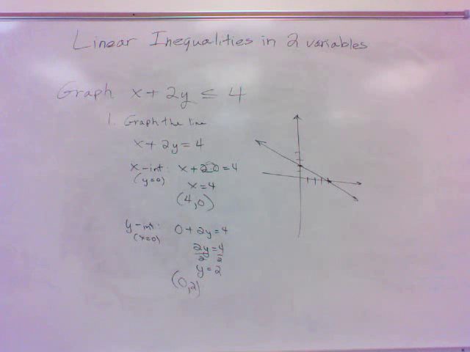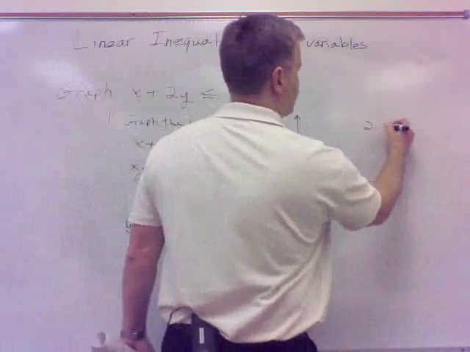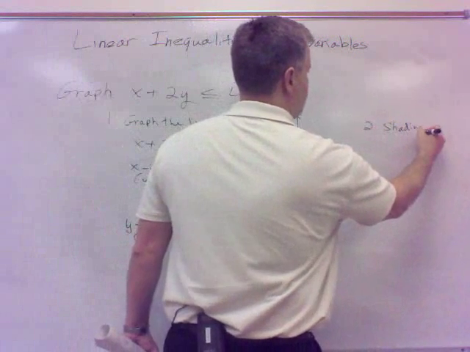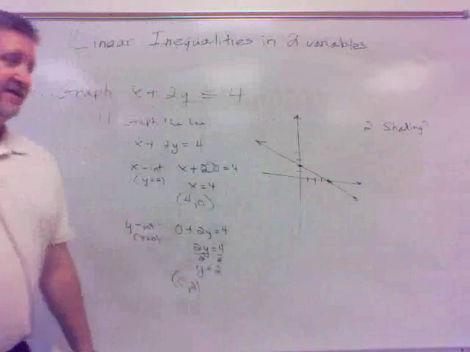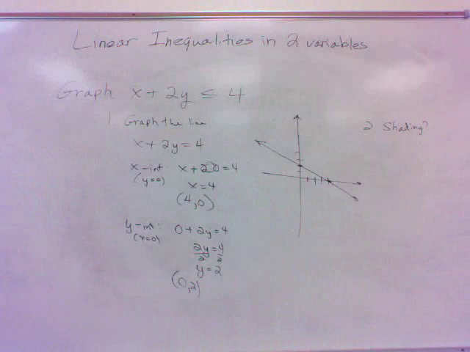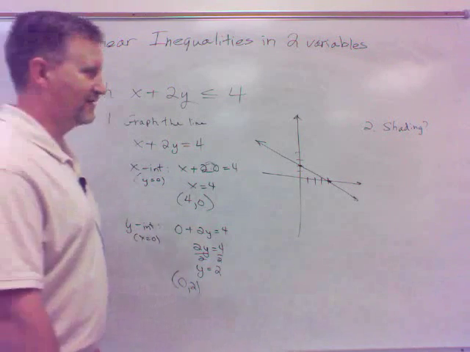As we know, the inequality adds some shading to this. So step 2, what about the shading? Well, I guess we could flip a coin and say I could either shade above it or below it, and see which to do, but that may or may not be correct. You've got a 50-50 shot if you do it that way. But here's a more direct way of doing it.